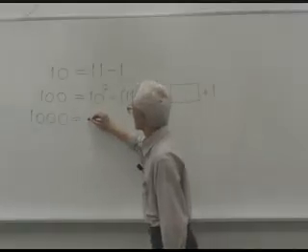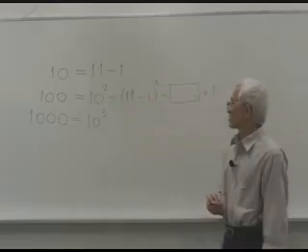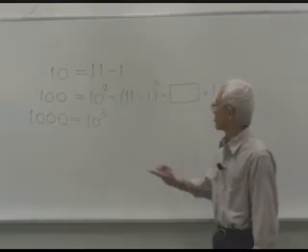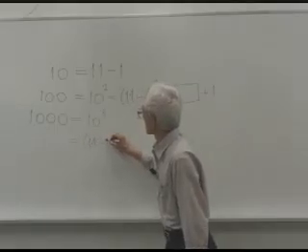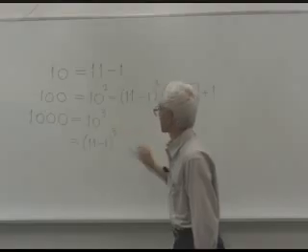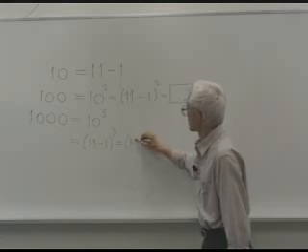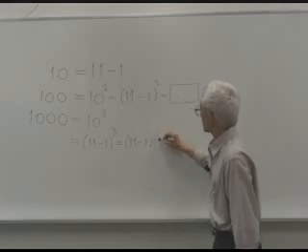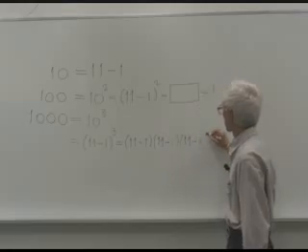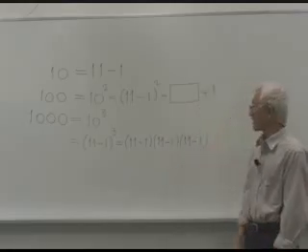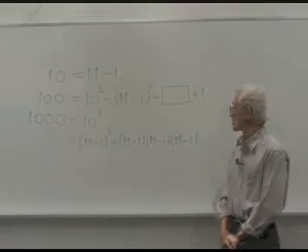1,000, you can think of it the same way as 10 cubed. And then you can again think of this, if you want to write it in longhand, then you find that you will have to multiply them out and you get 8 terms.